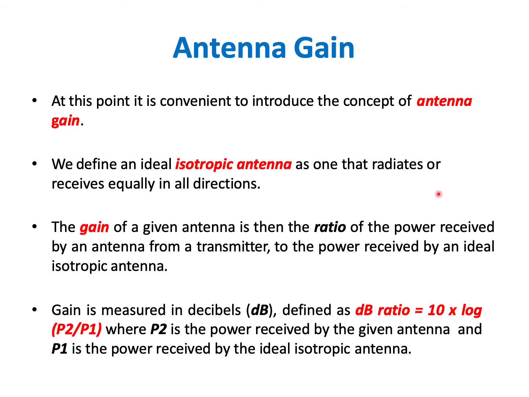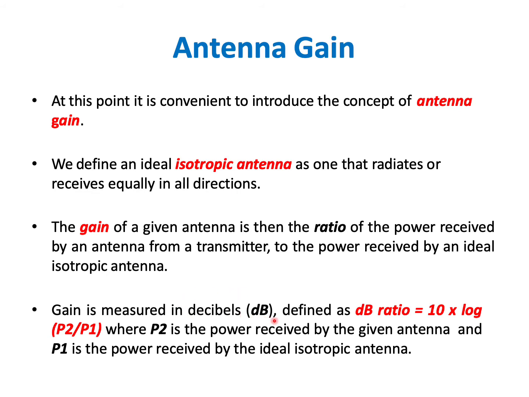Okay, so if we have this perfect theoretical isotropic antenna, then we can define our antenna gain as the ratio of the power received by our antenna from some transmitter to the power received by the theoretical ideal antenna from the same transmitter. Now that ratio we define in units of decibels. A decibel is 1/10 of a bell, just like a decimeter is 1/10 of a meter.